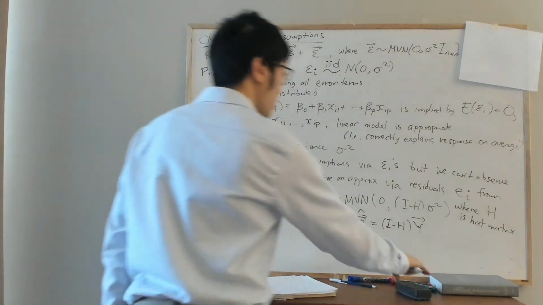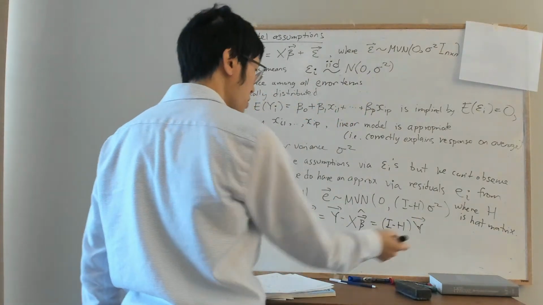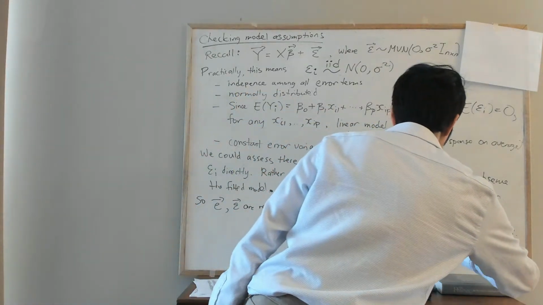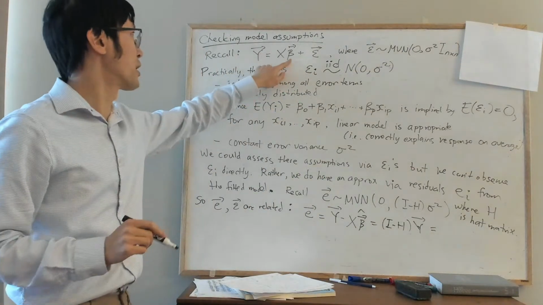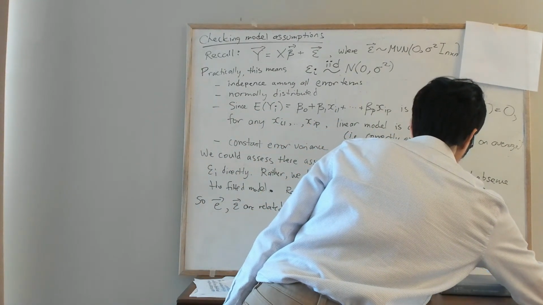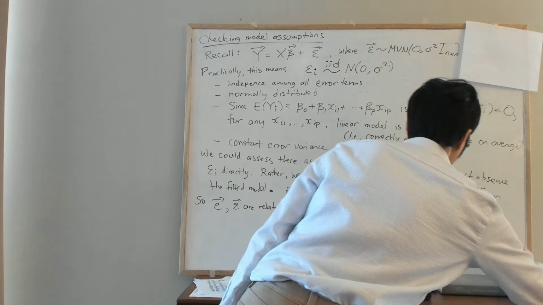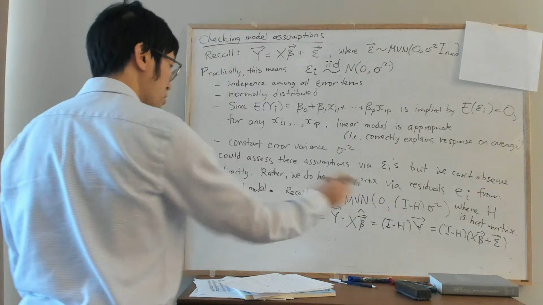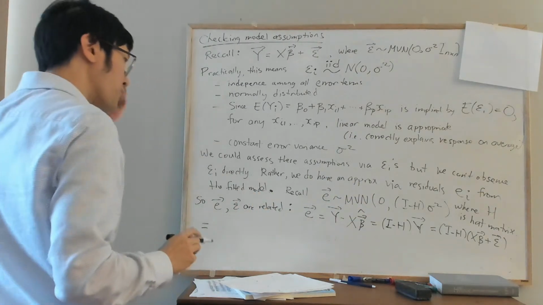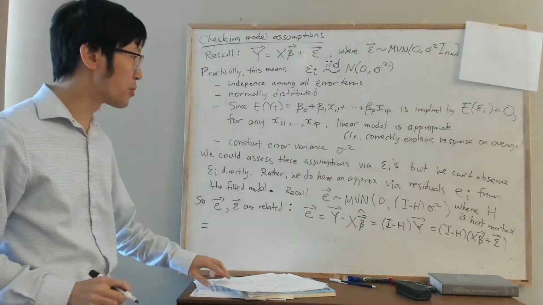Let's expand this and see what's going on. Let's substitute what y is. According to the model, I'm going to plug in x beta plus epsilon for y. Then let's do the matrix multiplications, expand and simplify.